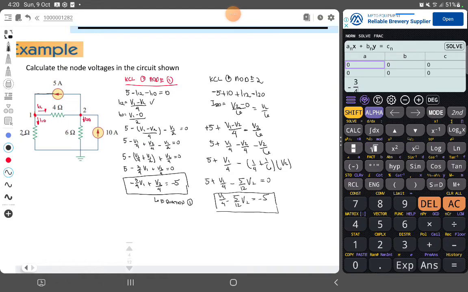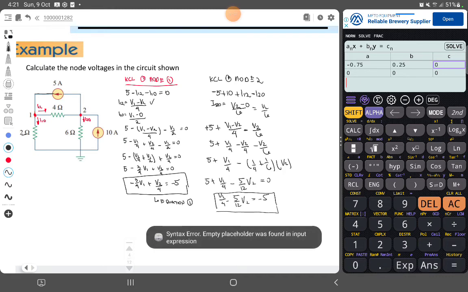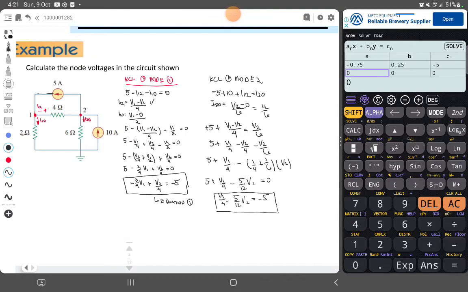So negative 3/4, 1/4, negative 5; then 1/4, negative 5 over 12, negative 5.